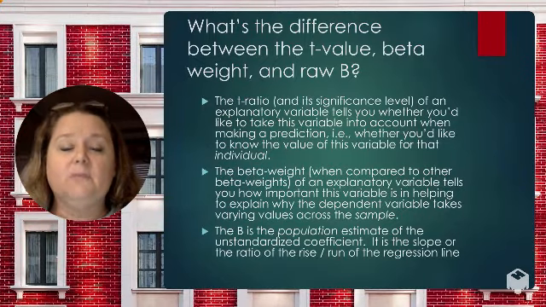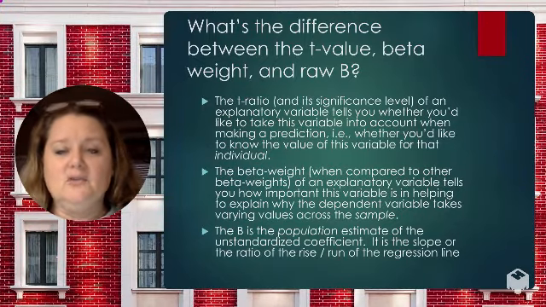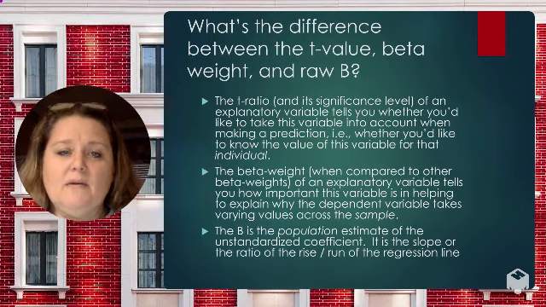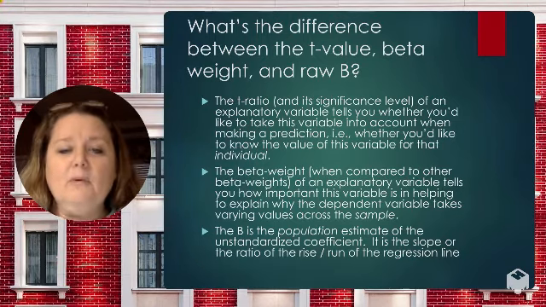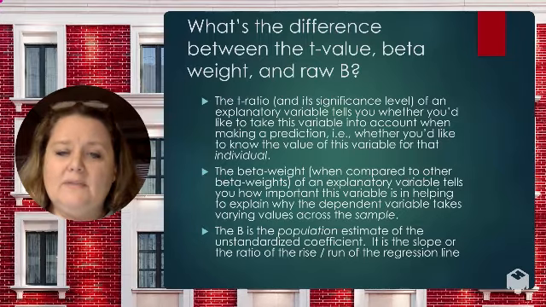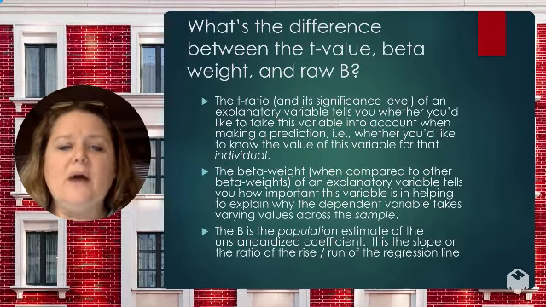So similar to the regression ANOVA, which compares your data to random, the T ratio compares your data also to random data and tells you whether or not it's a significant predictor compared to random. The beta weight, when compared to other beta weights of an explanatory variable, tells you how important the variable is in helping to explain why the dependent variable takes varying values across the sample.